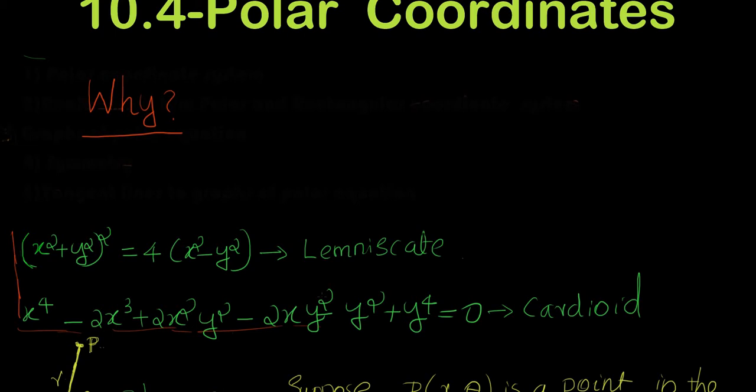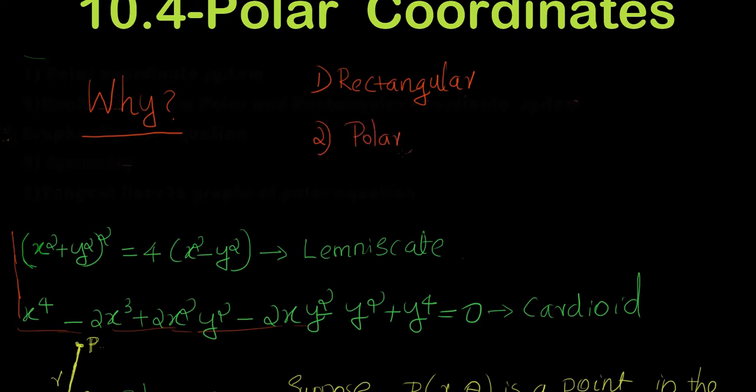Next, how can we represent a point in the polar coordinate system, and what is the difference between the representation in rectangular coordinate and polar coordinate system? Actually, we have two types of representation in two dimensions. First one is the rectangular coordinate system, and the second one is the polar coordinate system.